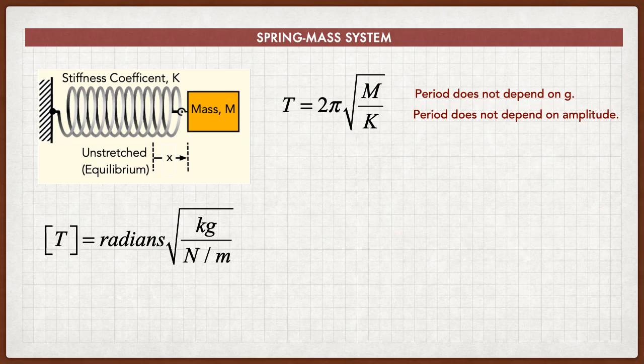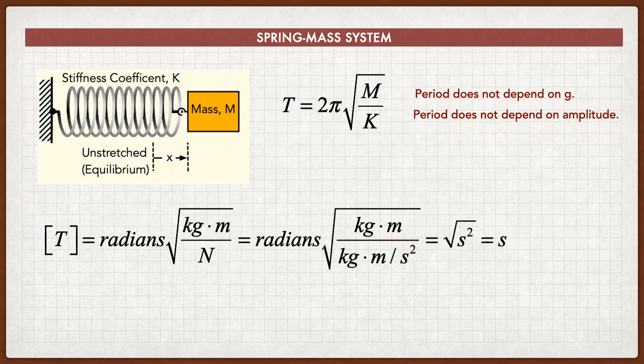What about units? Let's do a units check. We have 2 pi radians per cycle. That's an invisible unit. Mass has units of kilograms. K, the stiffness coefficient, has units of newtons per meter. 1 over 1 over. Move the meter upstairs.